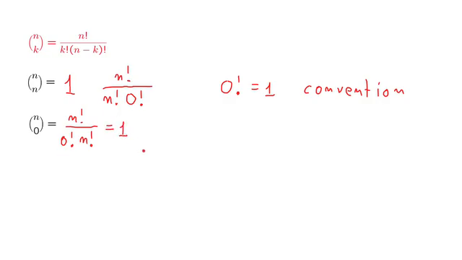Is it the correct answer? How many subsets of the given set are there that have exactly 0 elements? Well, there's only one subset that has exactly 0 elements, and this is the empty set. So this explains this particular answer and shows that it is meaningful and that it makes sense.